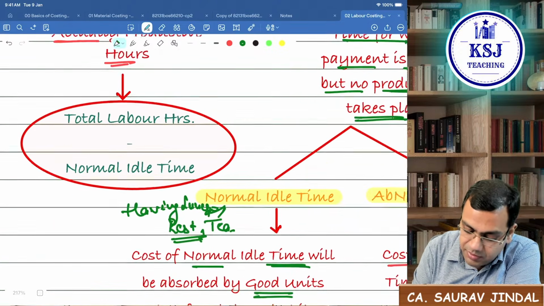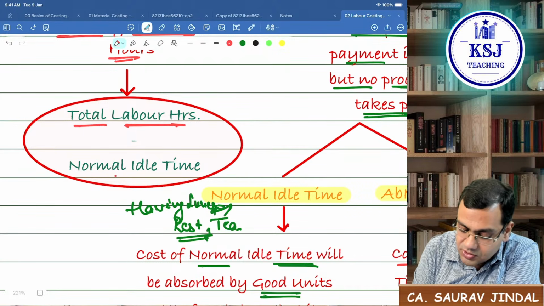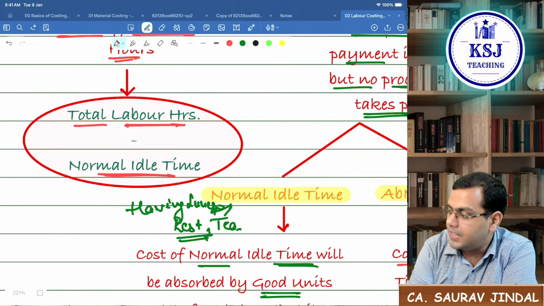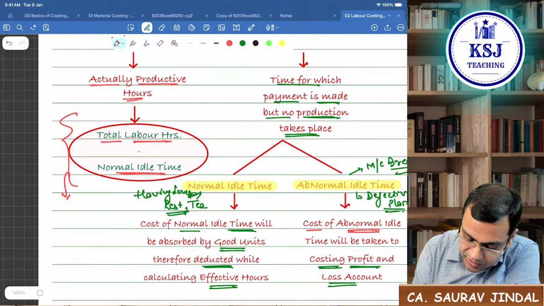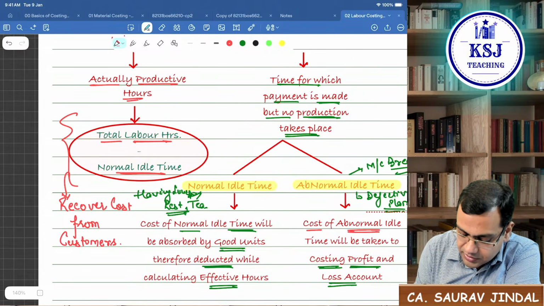So effective hours will be what? Total labor hours minus normal idle time. Right? This is the part for which we are going to recover cost from customers.